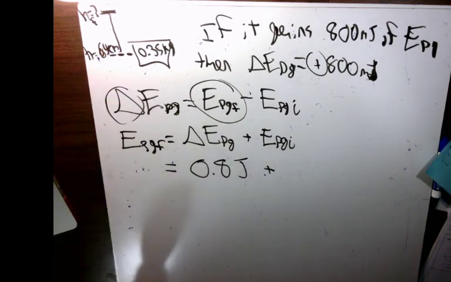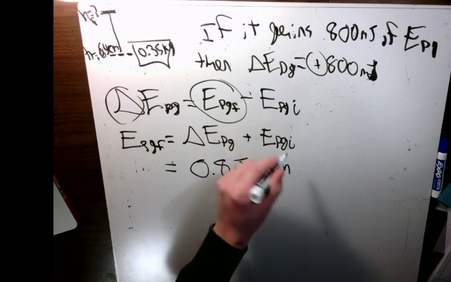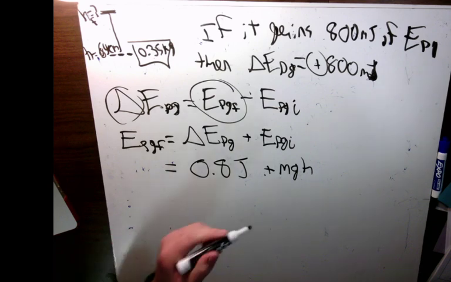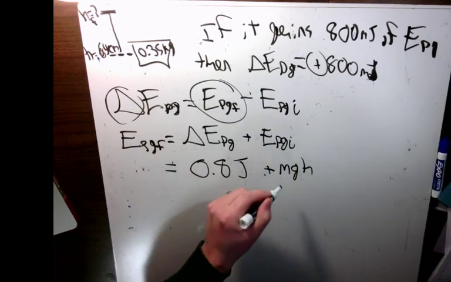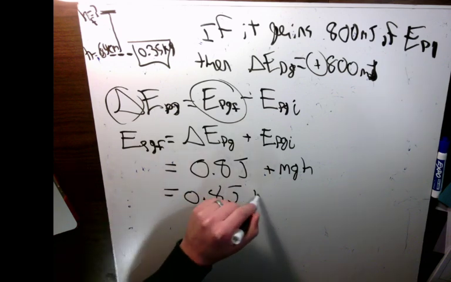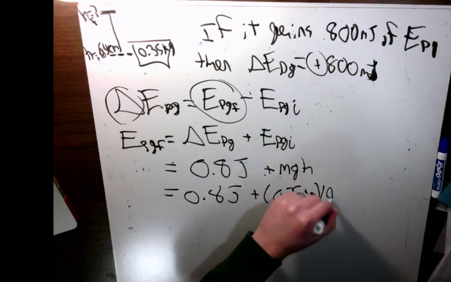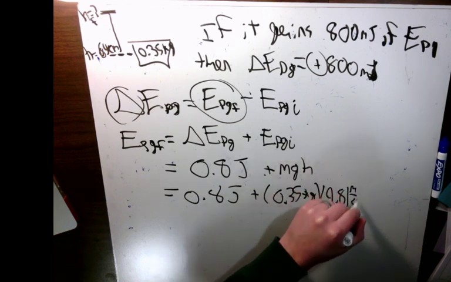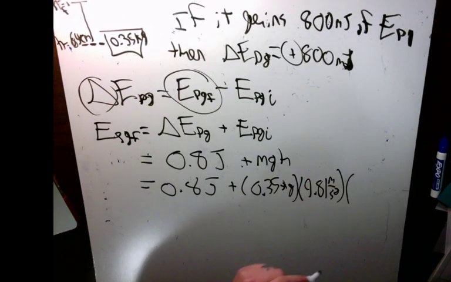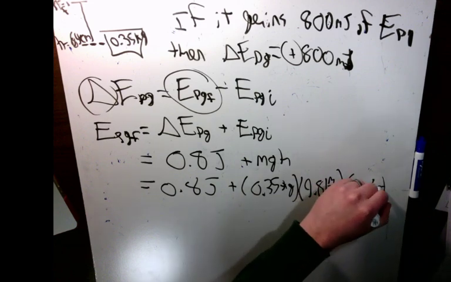So we're going to add this 0.8 joules to our starting mgh, which is 0.35 kilograms, 9.81 meters per second squared gravitational acceleration, and a height of 64 centimeters, which we're going to convert to meters, 0.64 meters.